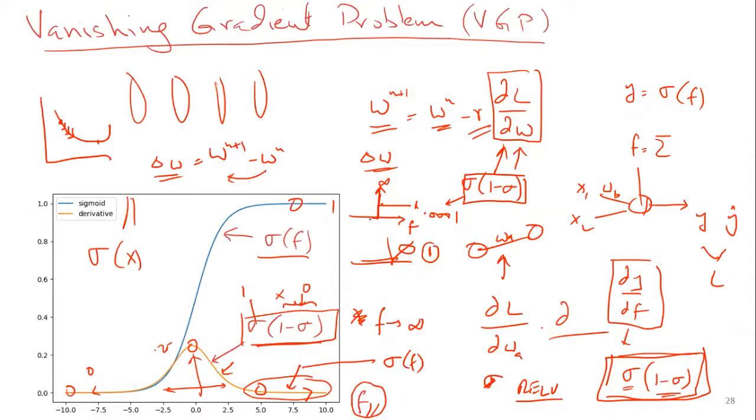So when you have a value of f that is negative, then the gradient is going to be 0, no change. If the value of f is positive, then the gradient is going to be 1. So it's very simple, but it is non-linear, and so it solves the problem.